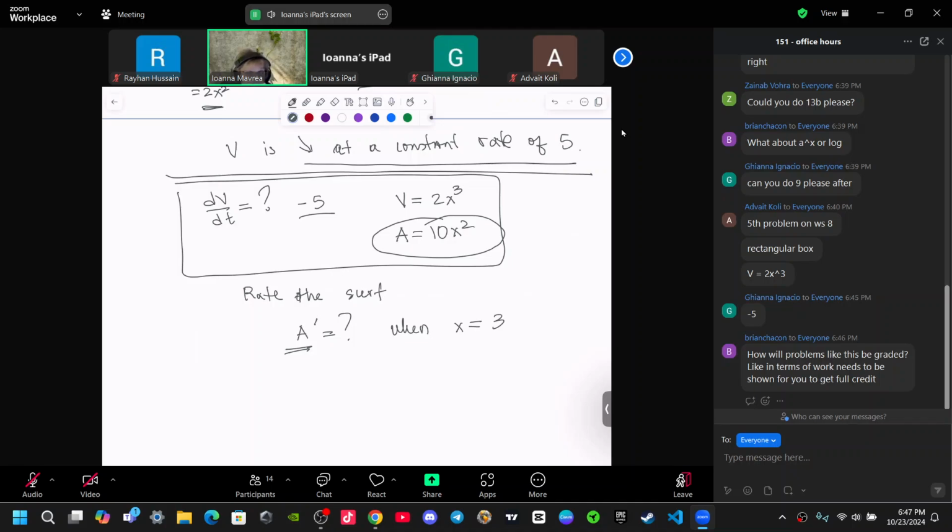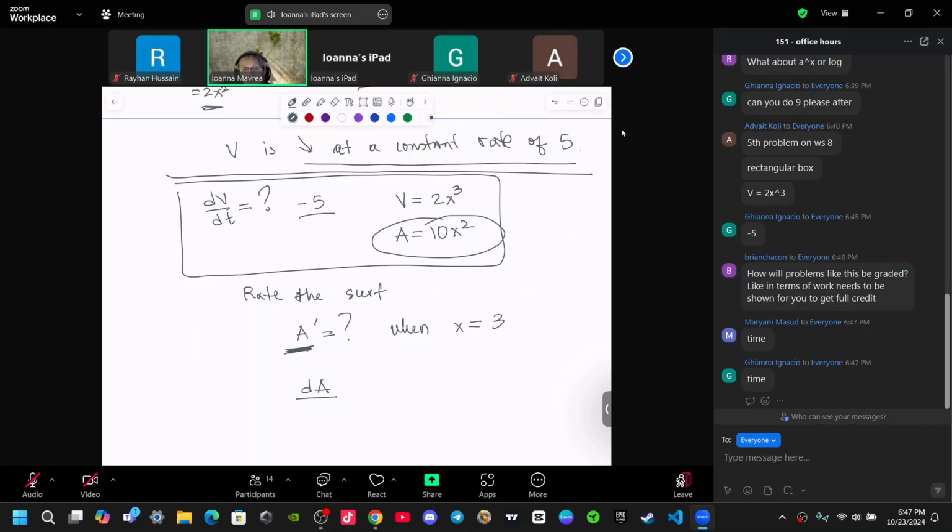Okay, so now, when they're asking for the derivative of A, I got away by writing it this way. This is not incorrect, but it's deceiving because different people can think of different things when they read this. So when I say A prime, I'm talking about the derivative of A with respect to what variable?